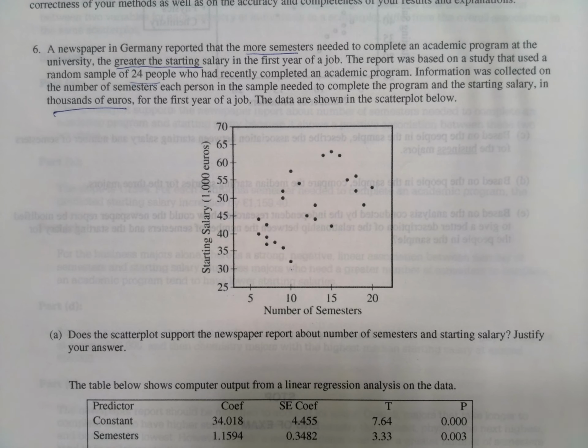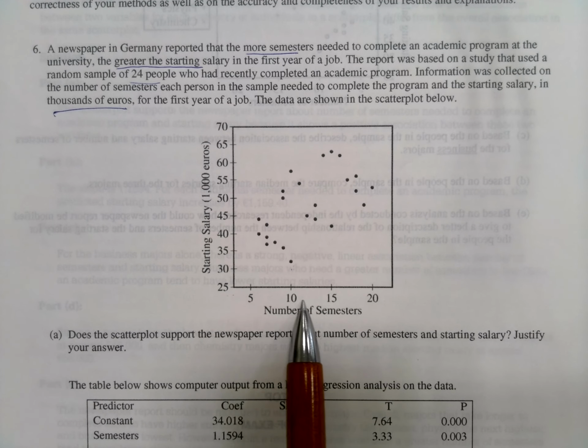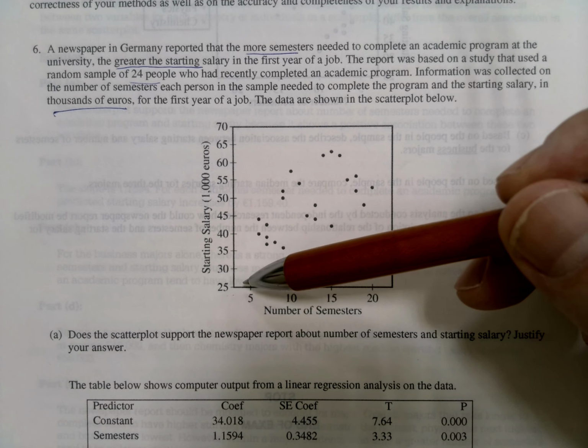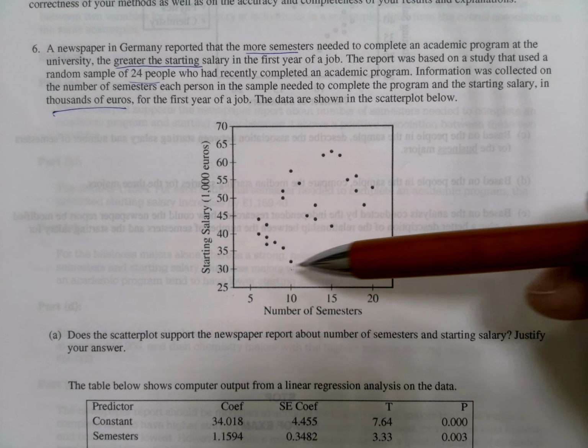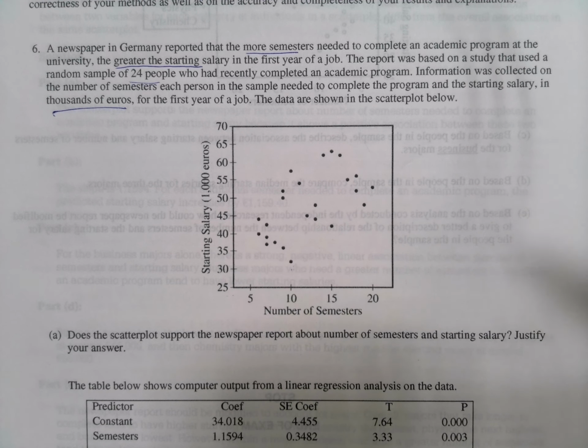If you look at the oval and you look at the overall pattern, as the number of semesters increases, you always want to talk like that. So as the number of semesters increases, it's not hours, then the salaries are also increasing. As we go to the right, the salaries are increasing. So in general, yes, that seems to support the newspaper.